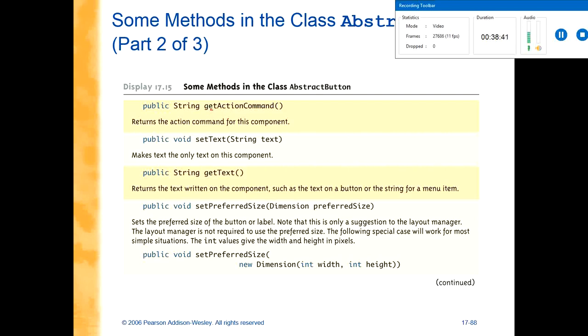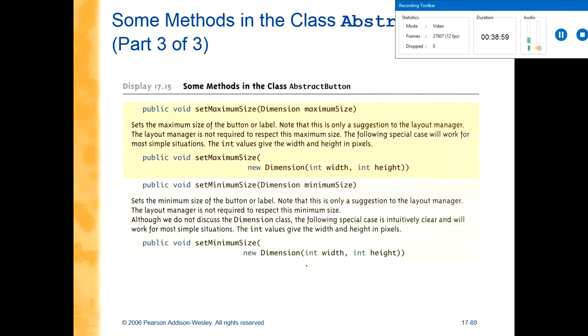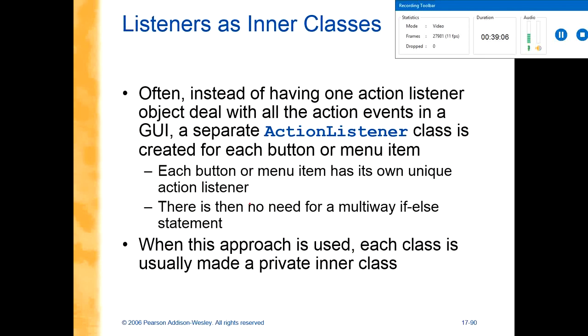Then get action command, set text, which makes the text the only text on this component. Get text, we have already used it. Set preferred size, we give the dimension, and we pass it over here as a parameter. Maximum size, minimum size, we can also set it. So these are some of the methods.